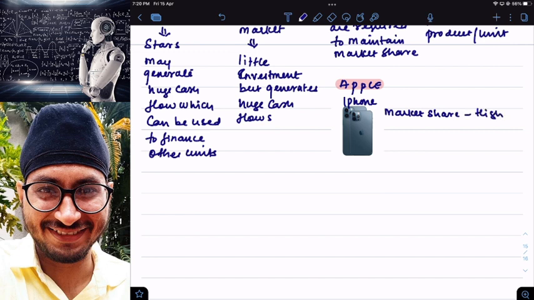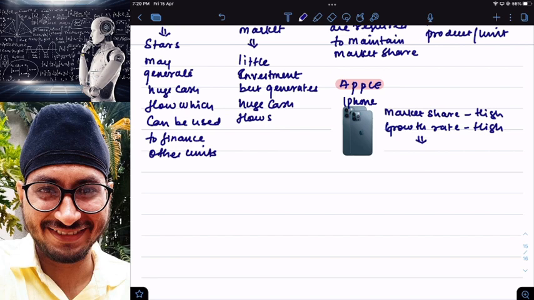And obviously the future growth rate of the mobile phone industry is also very high, sir. Read this. iPhone's market share is high, growth rate is also high. So according to you, what is iPhone for Apple?